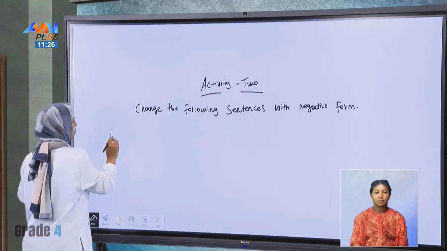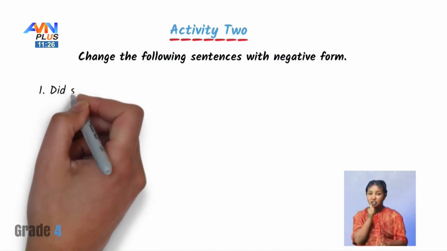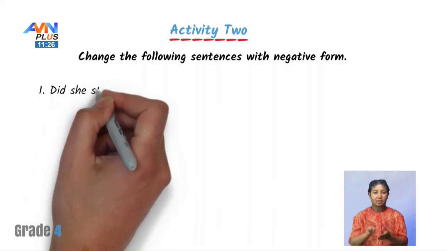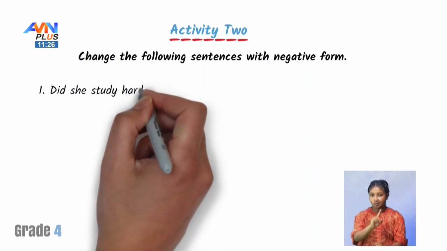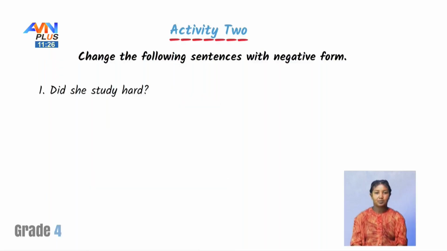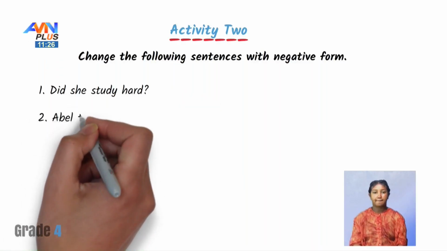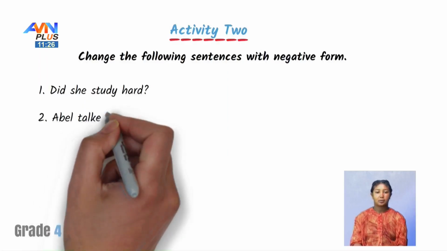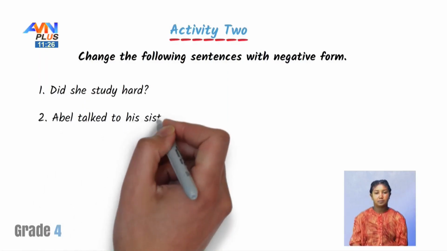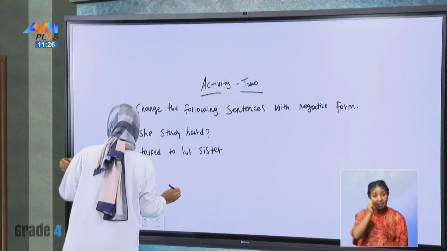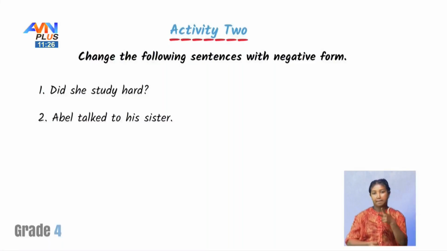Here is, did she study hard. Abel talked to his sister. Here is question number 3.